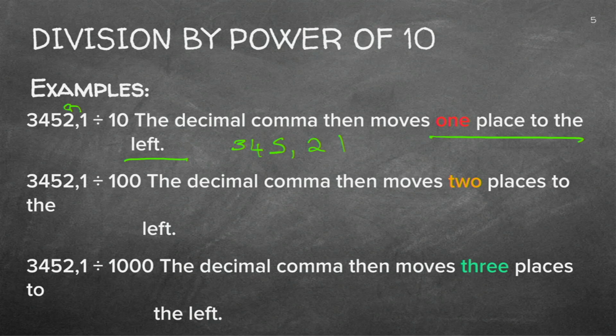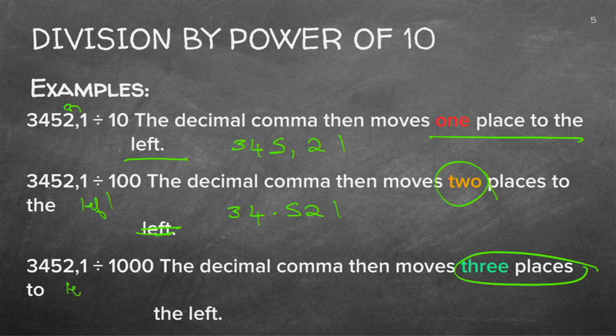And if we divide it by 100, our decimal comma would move 2 places to the left, so it's going to be 34.521. And then if we divide it by 1,000, it's going to move 3 places to the left, 1, 2, 3, so it's going to be 3.4521.